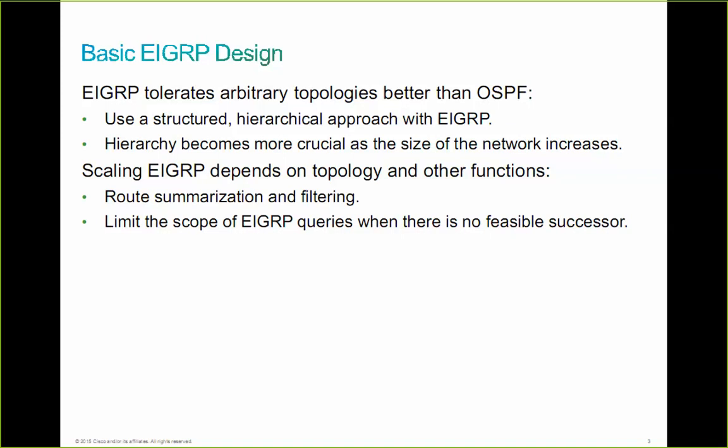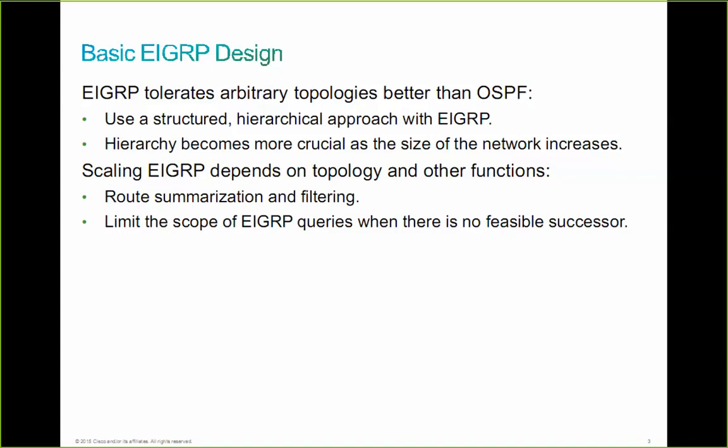Yeah. So keep in mind, variance is only applicable if the path that falls within that scope meets the feasibility condition, right? So even if my variance is 10, let's say, and my successor has a metric of 5, that means that anything from 5 to 50 would be considered equal.